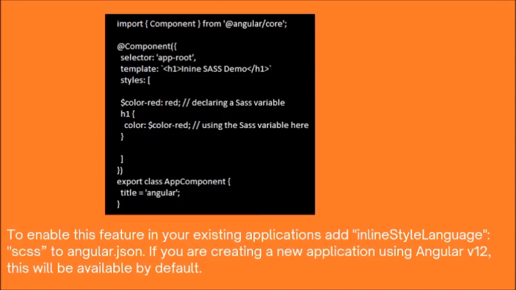With the same code, if you run the application in Angular version 12, it will show the h1 content in red color. To enable this feature in your existing applications, add inline style language scss to the angular.json file. If you are creating a new application using Angular version 12, then this will be available by default.